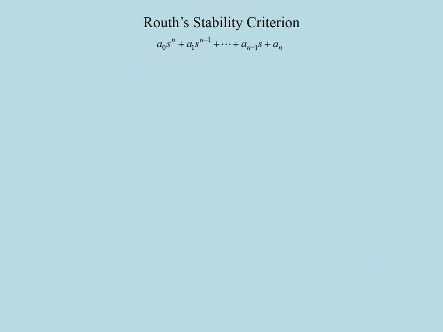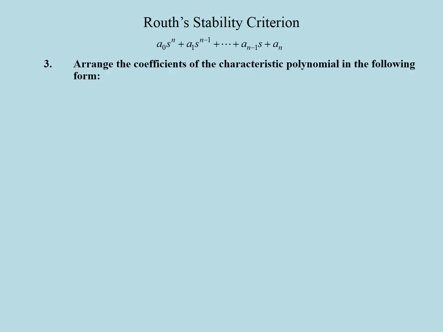Still, a polynomial can have poles on the right half plane even if it passes the first two parts of the test. So we proceed to the third step. In the third step, we are going to build an array using the coefficients of the polynomial, the so-called Routh array. To write the first row, we start from the coefficient of the largest power of the polynomial and skip every other coefficient.